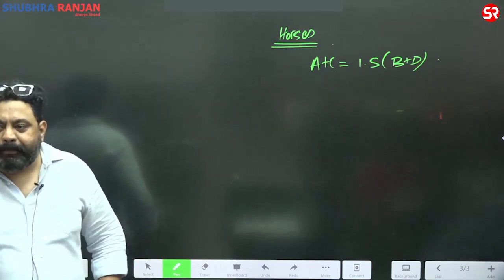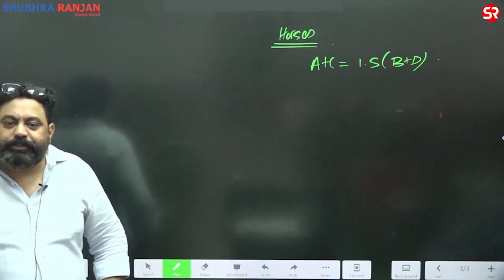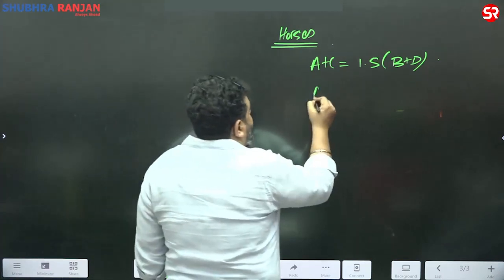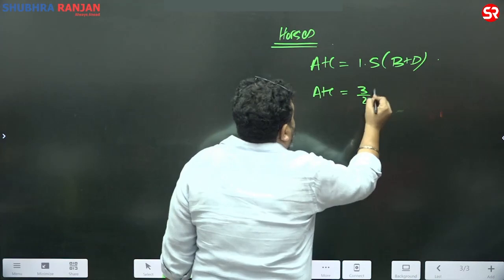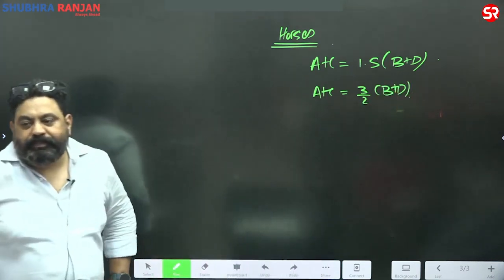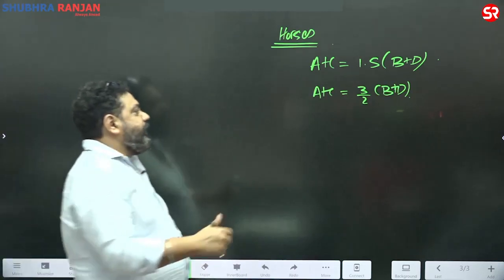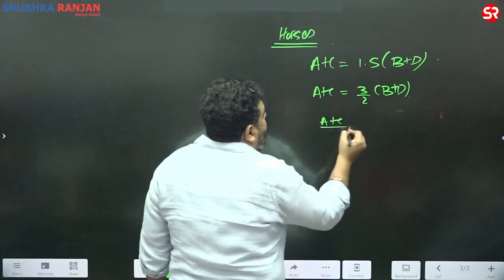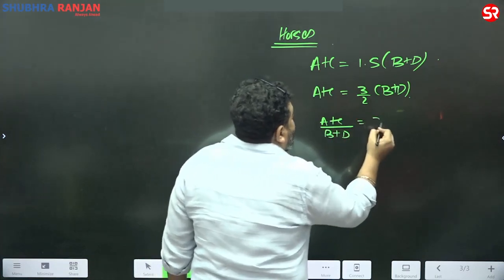So 1.5 is 50% more horses, and you say A plus C is equal to 3/2 times B plus D in terms of horses. Is it clear? Which means A plus C upon B plus D is equal to 3/2.